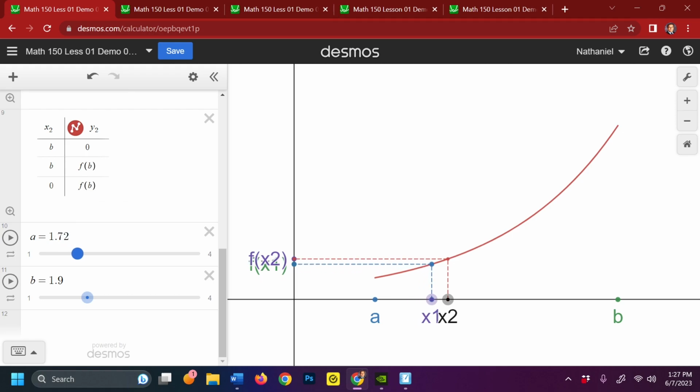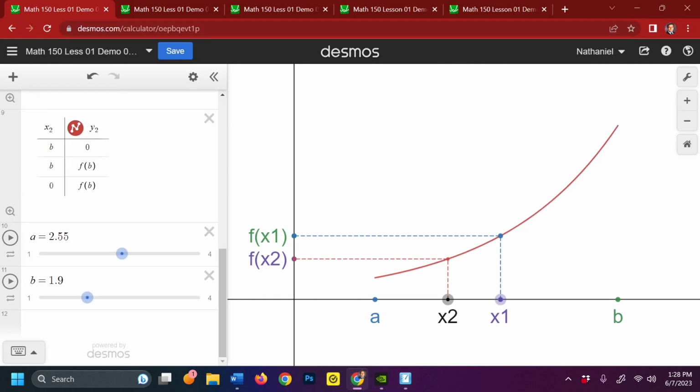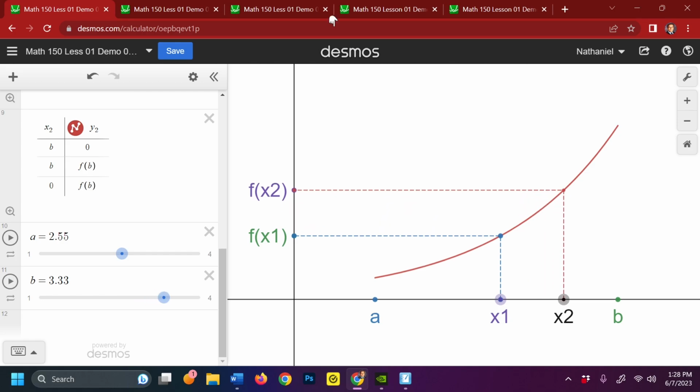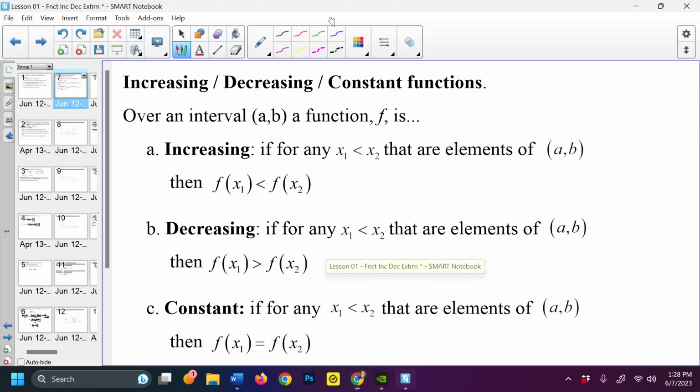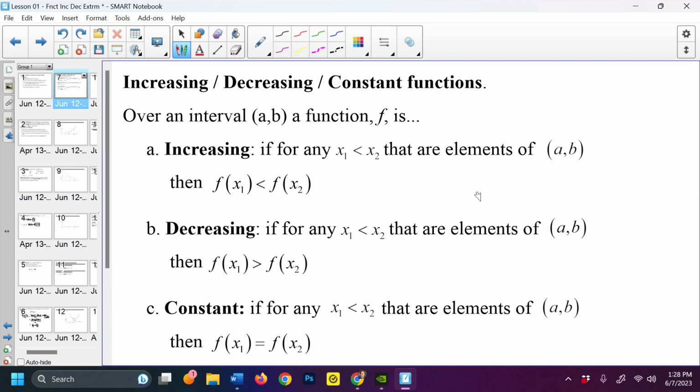If I move x1 over here, now x1 is greater than x2, and I no longer fulfill this particular constraint over here. So I need to move that back over there. And so what this says is that a function over this interval is increasing if for any x1 that is less than x2, and again, we see that x1 is less than x2, then that f of x1 has to be less than f of x2.